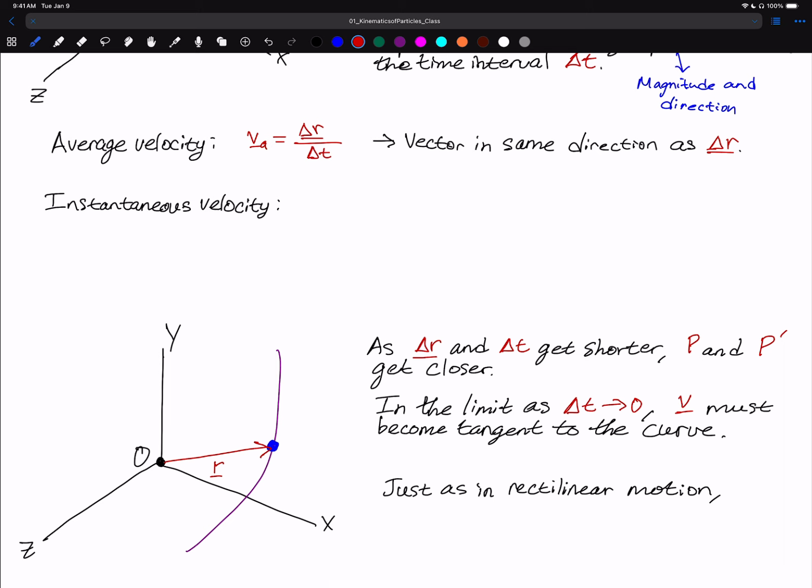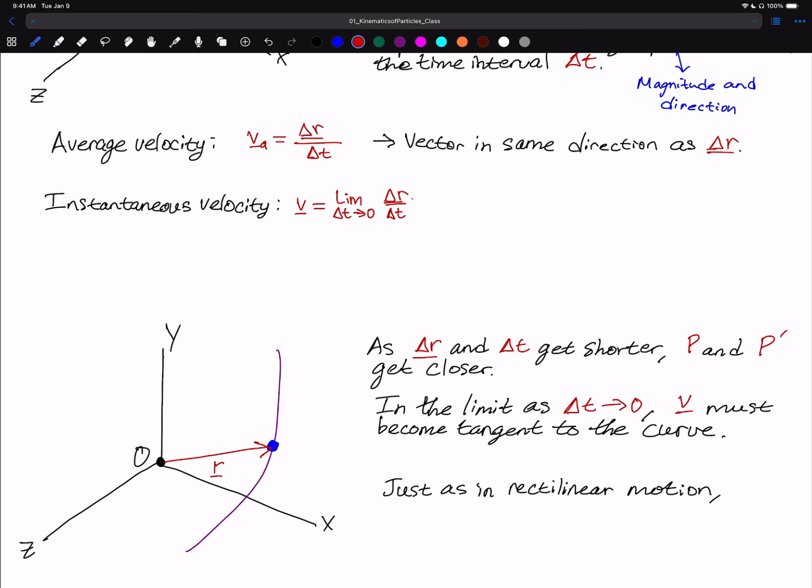This is the average velocity, and again, in the same direction as the displacement by definition. If we want to compute the instantaneous velocity, we need to take a limit as delta t goes to 0. We find that the instantaneous velocity vector is the limit as delta t goes to 0 of delta R over delta t.